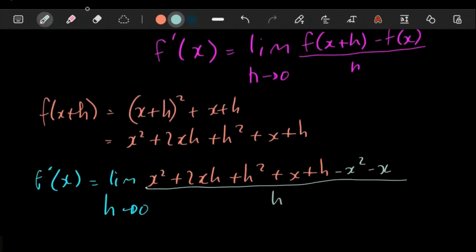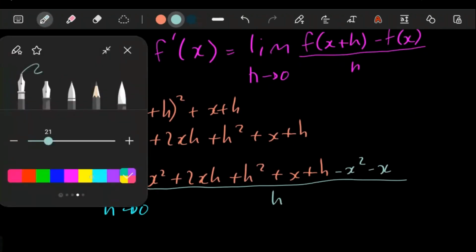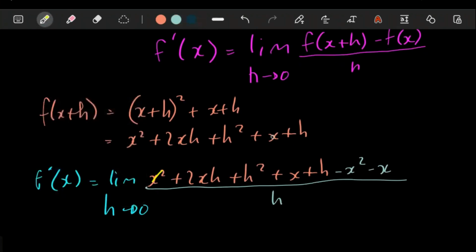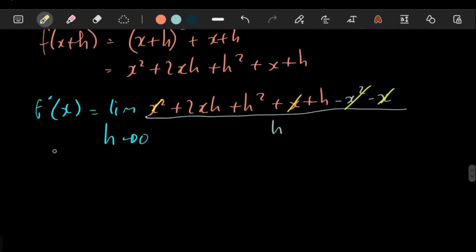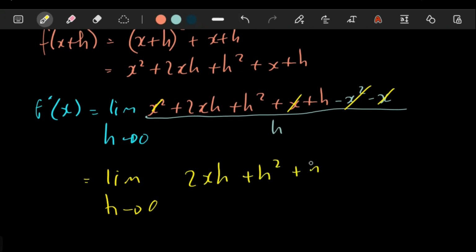Now the good news is, if you've done it properly, the terms where f of x is will always cancel out. What you're going to have left is limit h goes to 0 of 2xh plus h squared plus h over here.